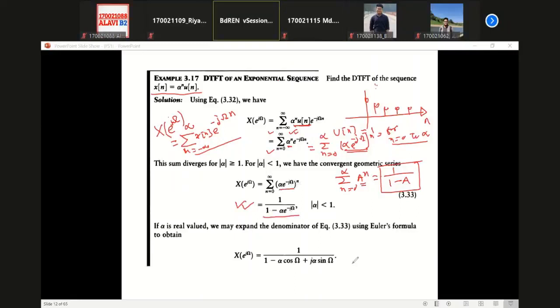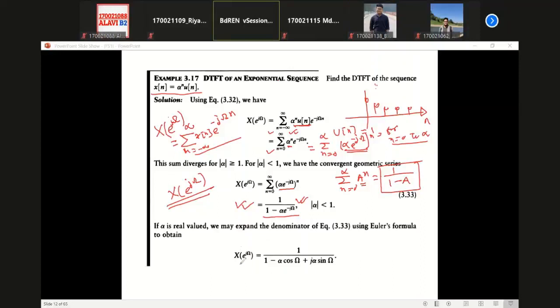Now you tell me your X(j omega). By using this example, we can easily see that our X(j omega) is complex. So it has a real part and an imaginary part.